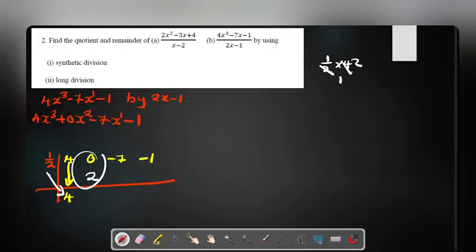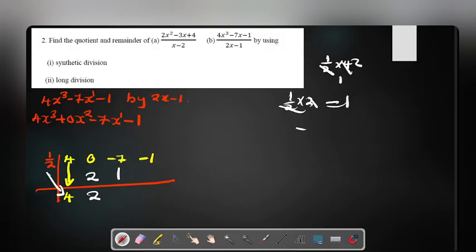Then here we add: 0 plus 2 gives us 2 there. Then again multiply: 1 over 2 times 2. The 2 cancels, and you have 1.